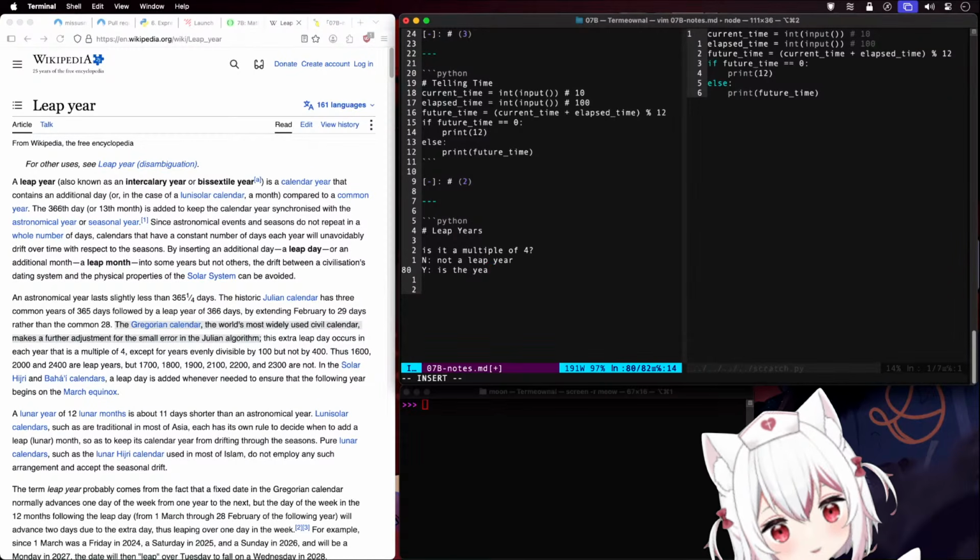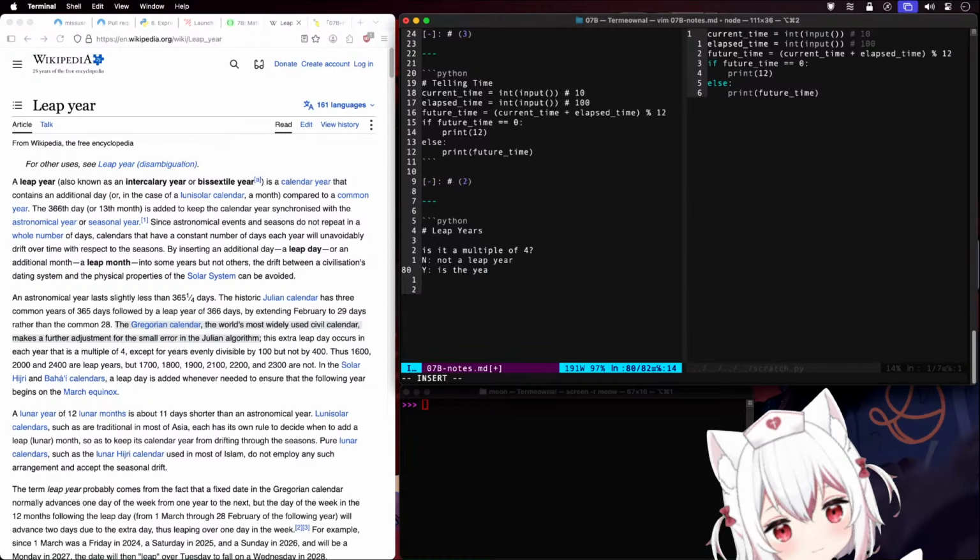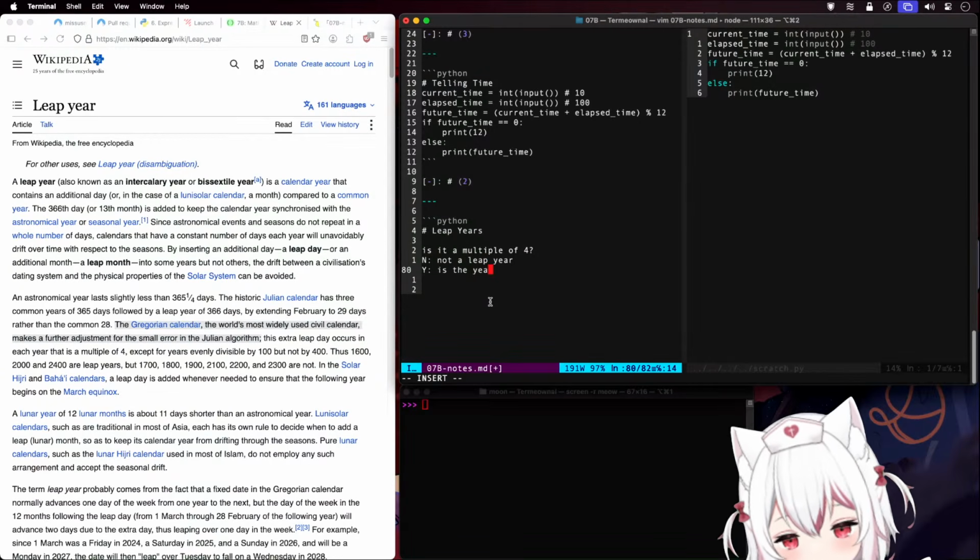This extra leap day occurs each year that is a multiple of 4, except for years evenly divisible by 100, but not by 400. 1,600, 2,000, 2,400 are leap years.